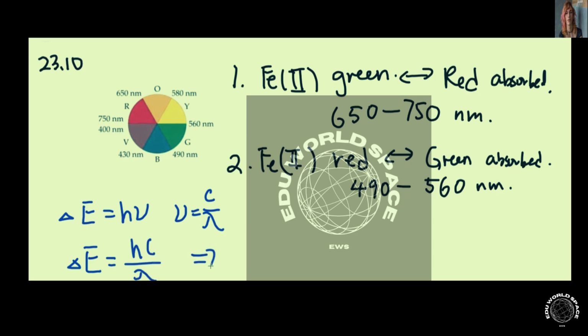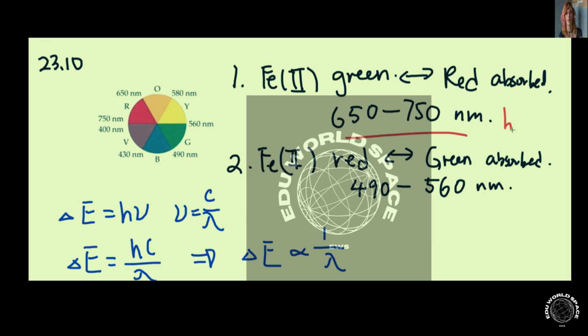So from this equation, we know that delta E is proportional to 1 divided by the wavelength. So it's inversely proportional to wavelength.